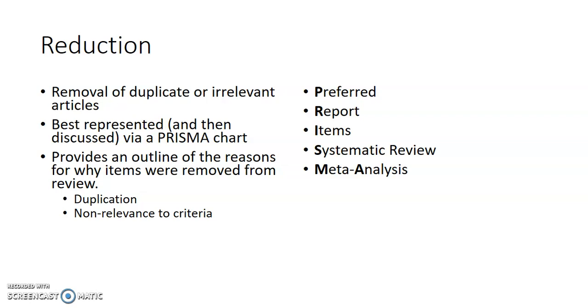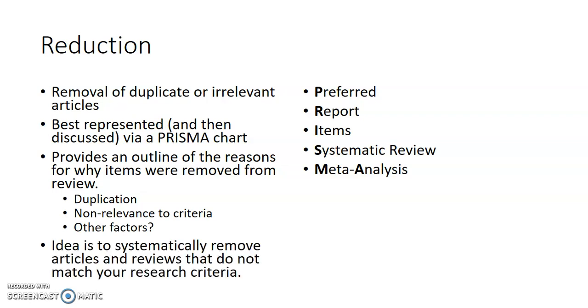These can leak in from time to time, or they're commentaries on those works. But that's not really what you're looking for here. There can be other factors, and each data set has its own idiosyncrasies, but you'll find these as they arise. The idea is to systematically remove articles and reviews that don't match your research criteria.